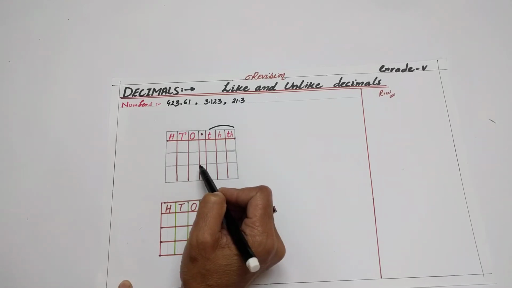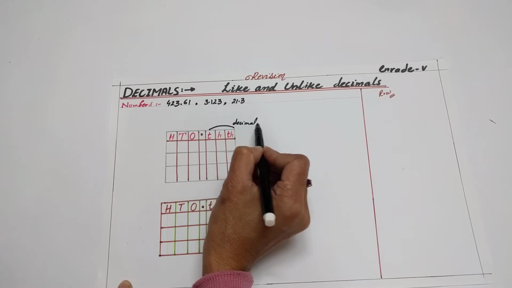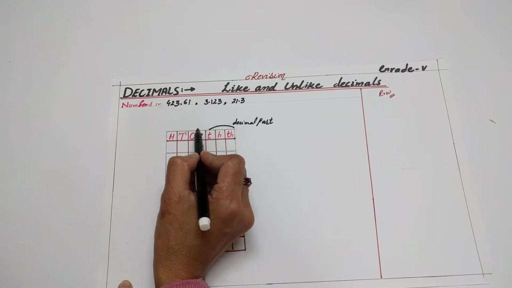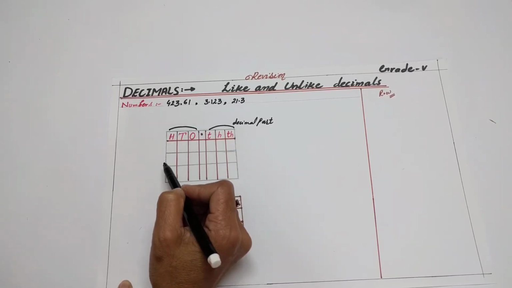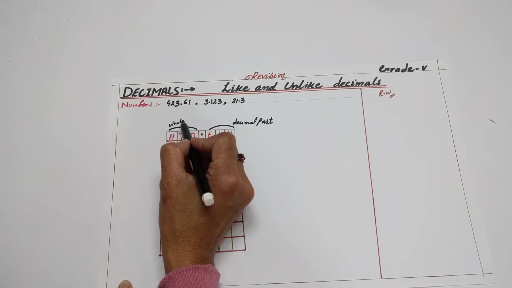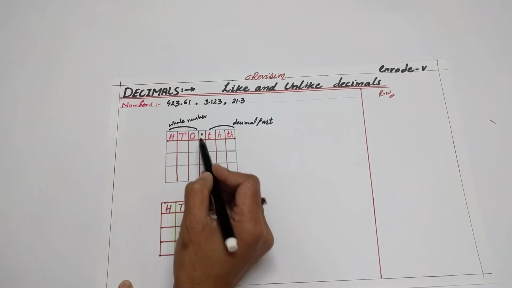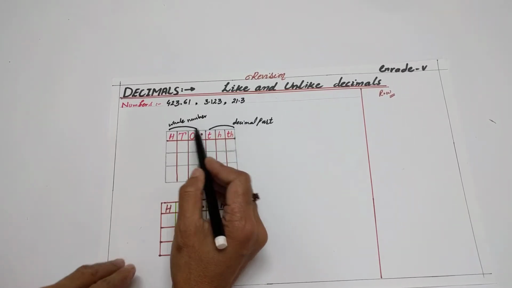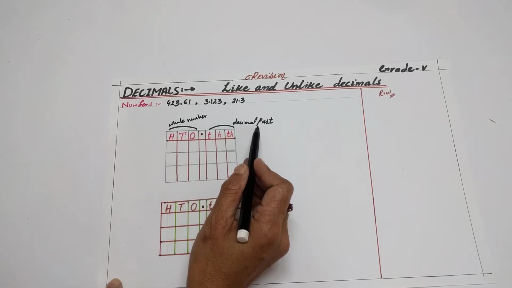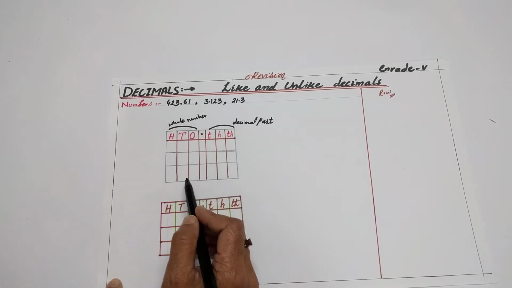This part is called the decimal part, and the left side part is called the whole number part. This decimal point separates the decimal part and the whole number part.